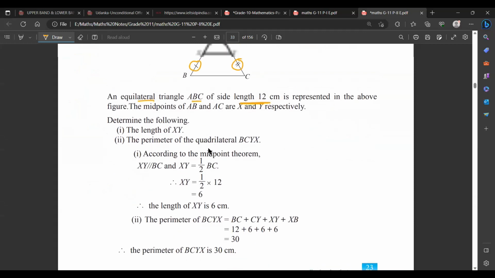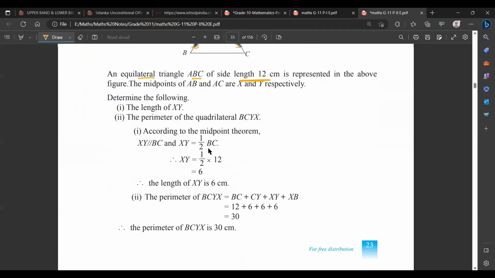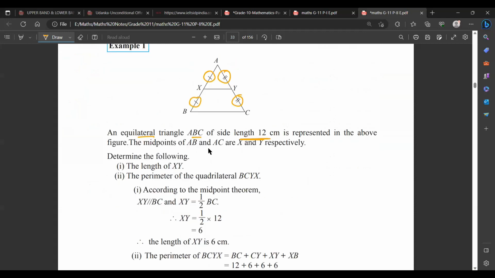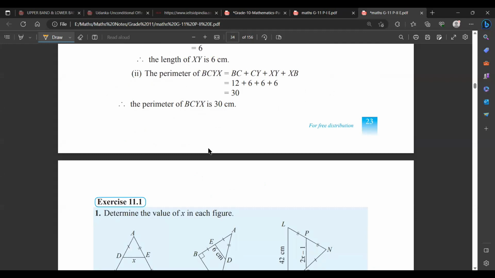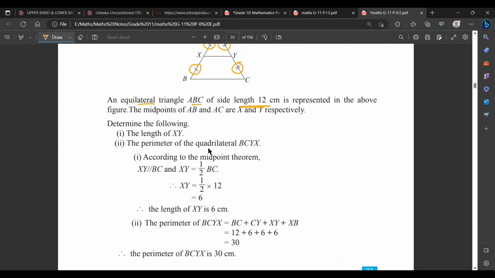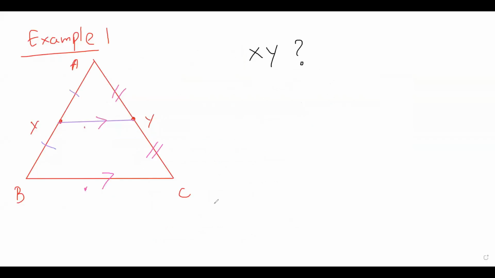First of all, they are asking for the length of XY.